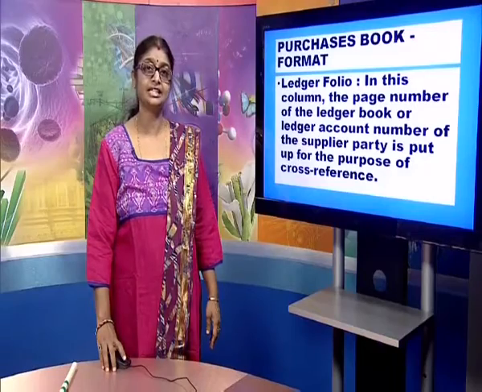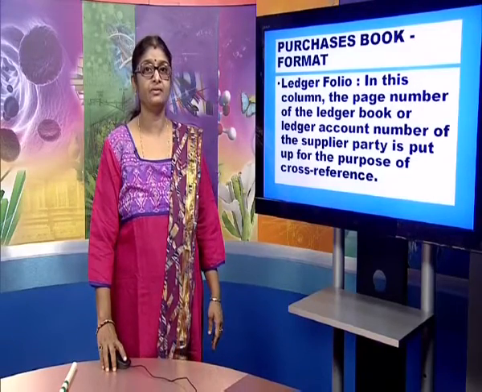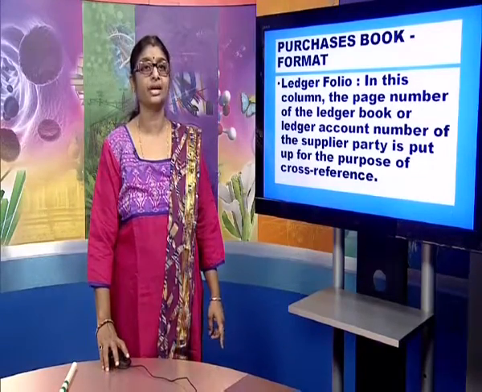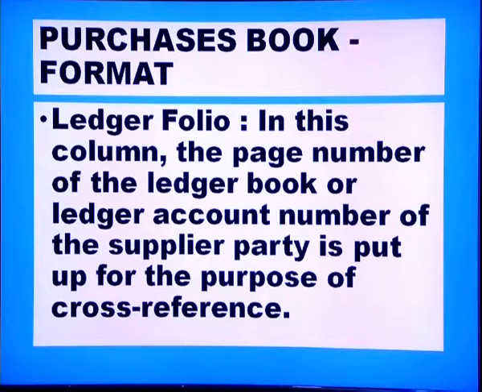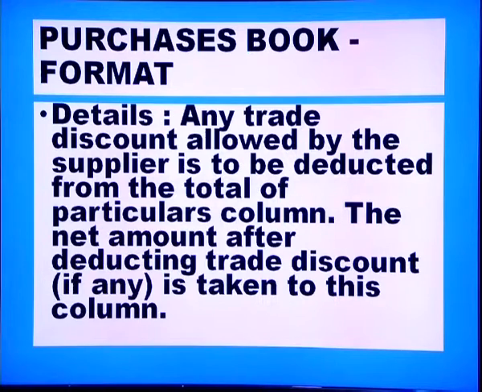Next is the ledger folio column. Here we will write the page number of the ledger book. Why are we writing it? We are writing it for cross-reference. Details: any trade discount allowed by the supplier is to be deducted from the total of the particulars column. The net amount after deducting trade discount is taken to this column.